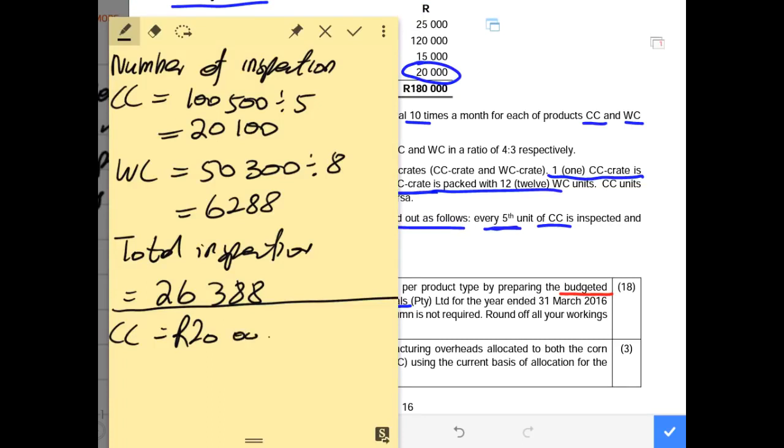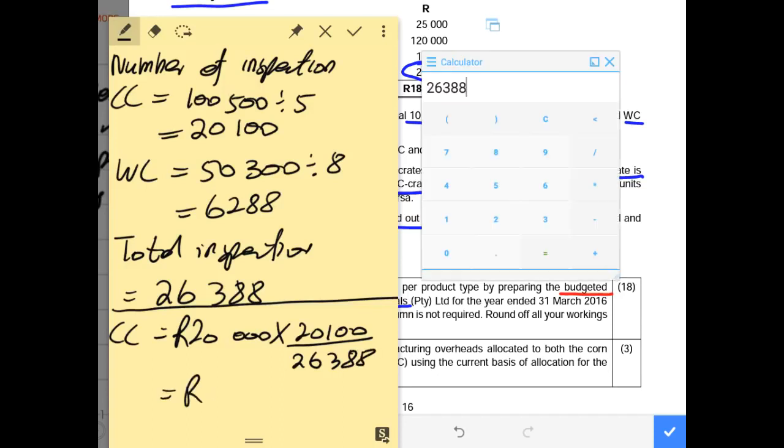Then you say 20,000 times the number of inspections for product CC, which is 20,100, divided by the total of 26,388. So now at the end, we have to get to the 20,000.